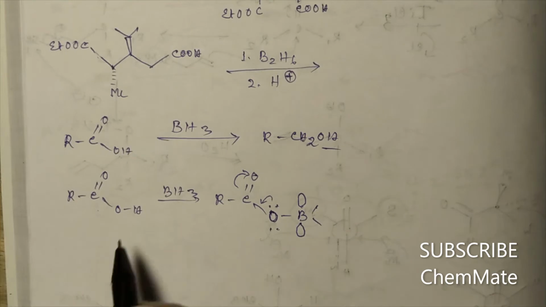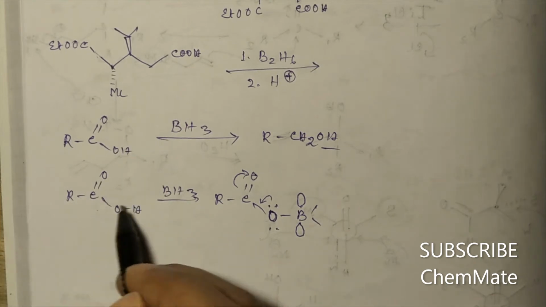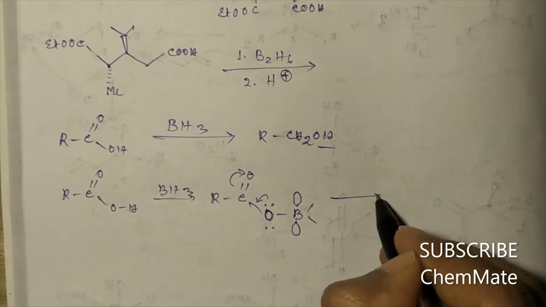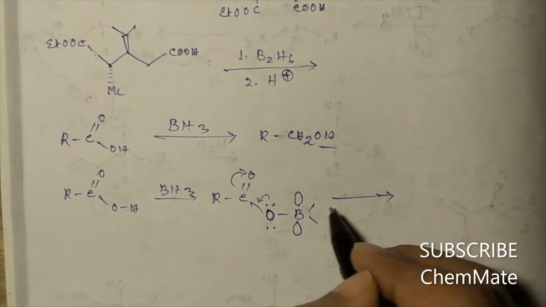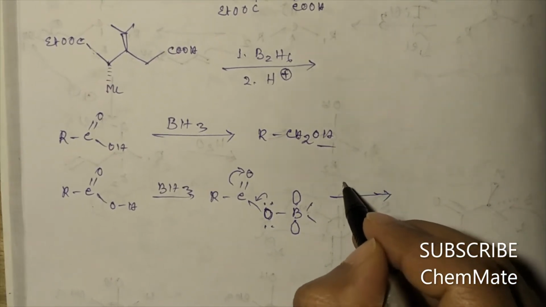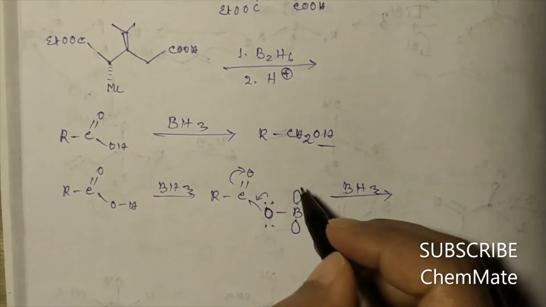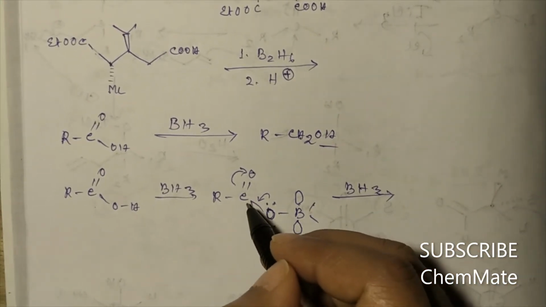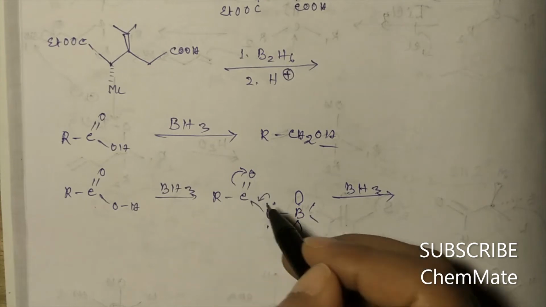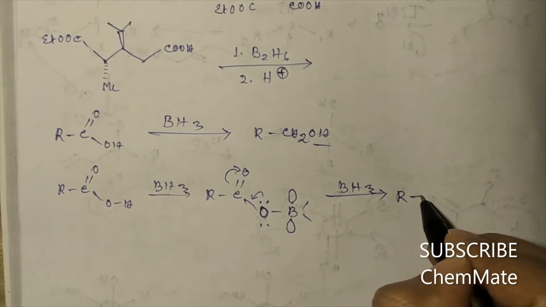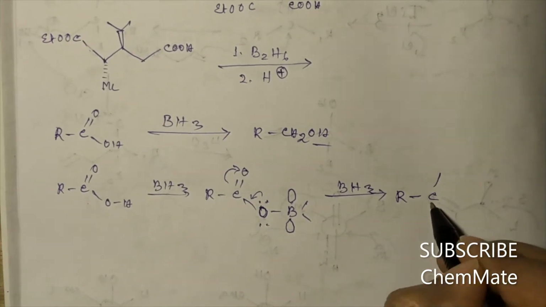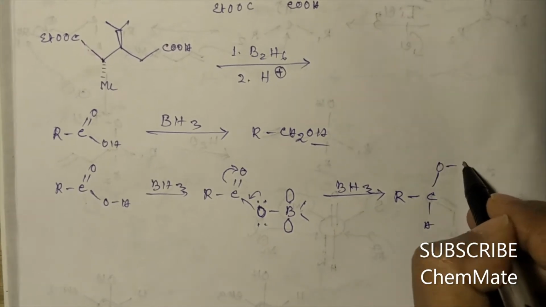So this carboxylic acid, now it will react with another BH3 molecule, and BH will add into this C double bond O group, so hydrogen will be there.